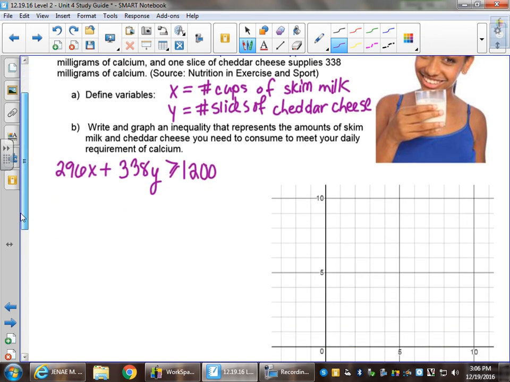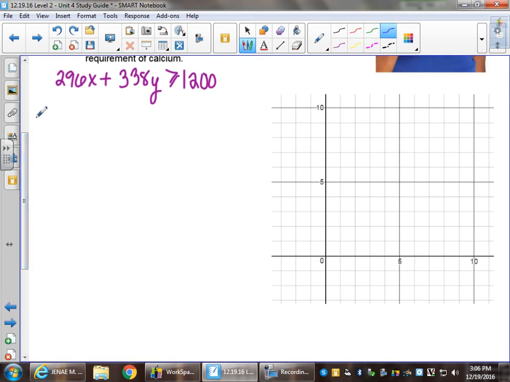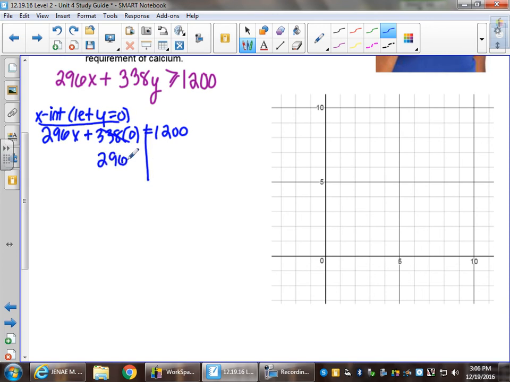From here, our process does not change. X-intercept, let y equal 0. Remember, we'll switch to an equal sign here. We're finding an exact point. Divide both sides by 296.